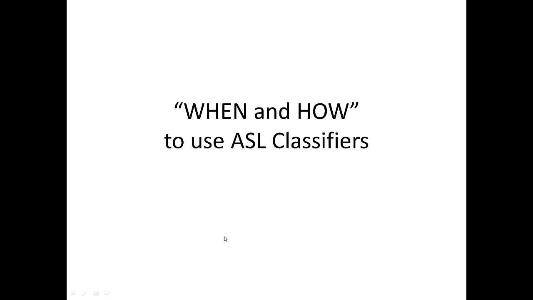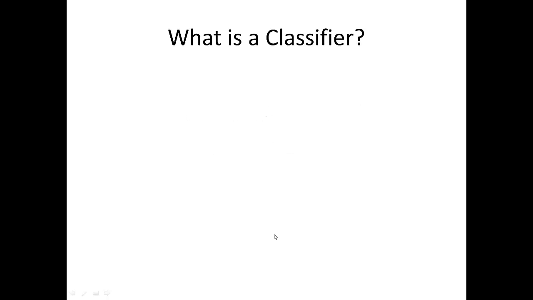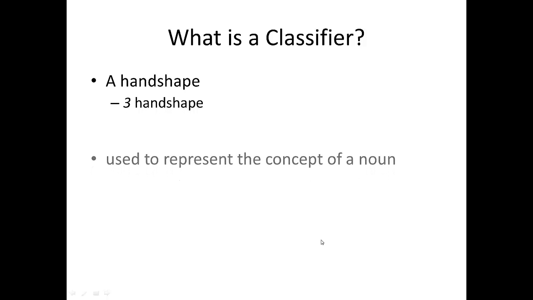Hello everyone, in this video we're going to discuss classifiers. First of all, classifiers are confusing to many ASL students. The classifier is a hand shape, for example, the three-hand shape.